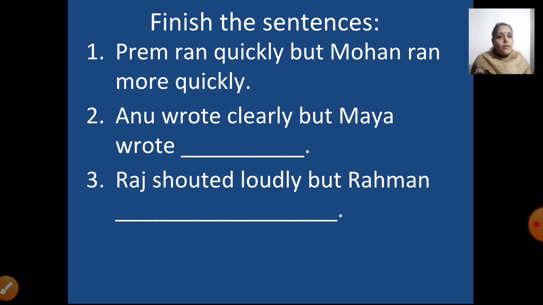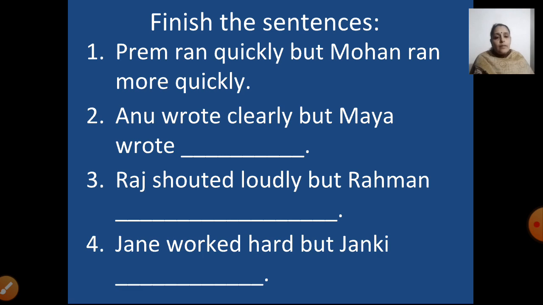Next one, Raj shouted loudly, but Rahman dash. And the fourth one is, Jane worked hard, but Janki dash. Okay? So, after writing down the questions, you're going to write down the answers also.